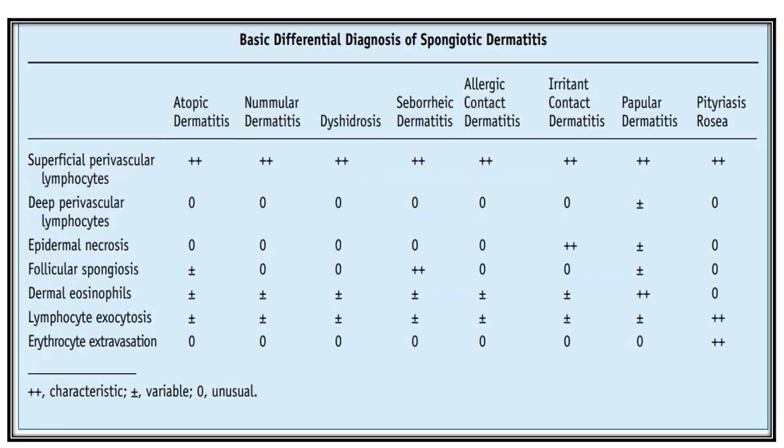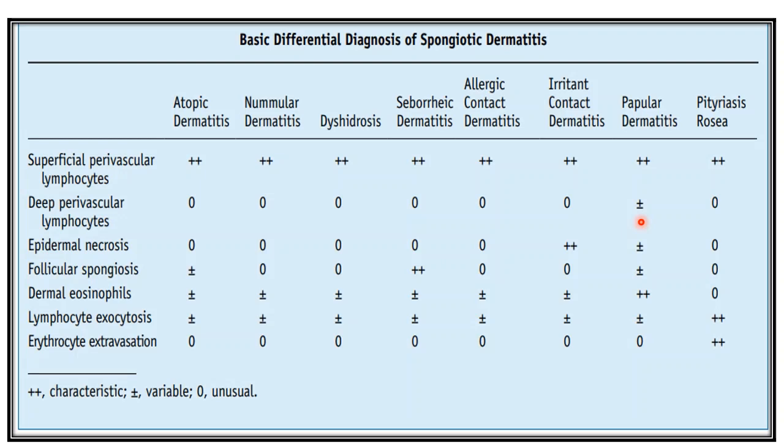Now this is a comparison of the histological features of different types of spongiotic dermatitis. As we can see, superficial perivascular lymphocytes are present in all, whereas deep perivascular lymphocytes are seen only in papular dermatitis.